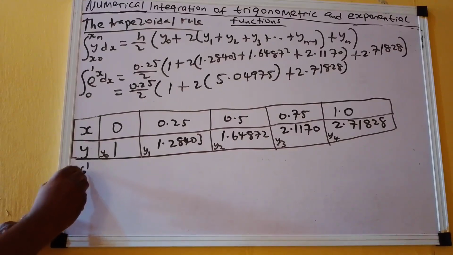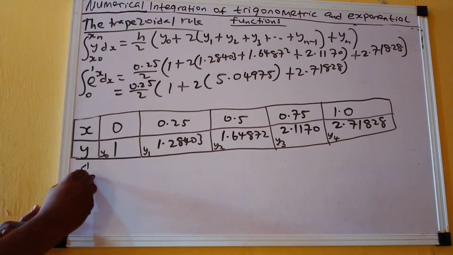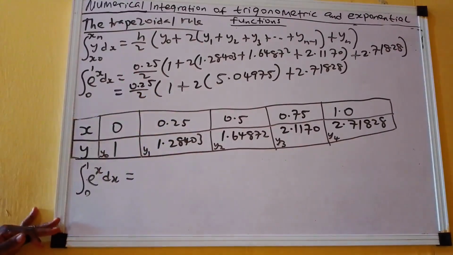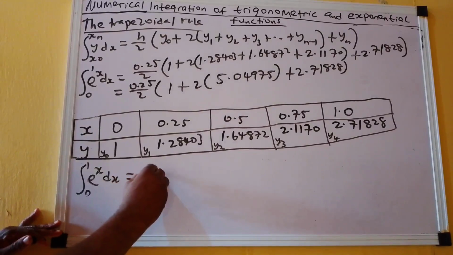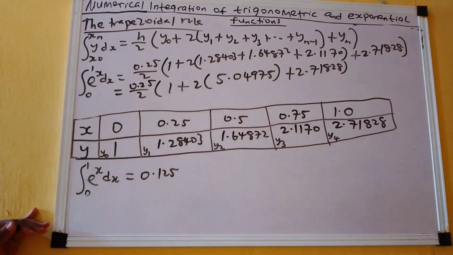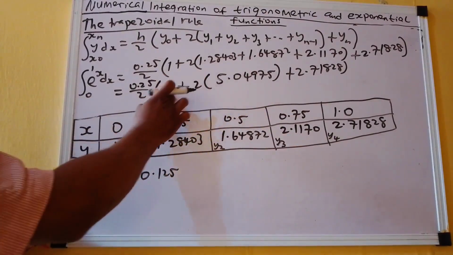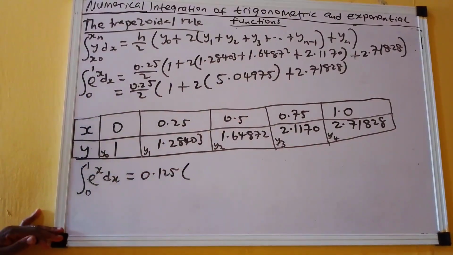So we are going to have the integral from 0 to 1 of exponential x dx, and if you say 0.25 divided by 2, you are going to have 0.125. It's not a non-terminating decimal. It will give us 0.125. Then when you multiply this by 2, add 1 to it and add that value, you are going to have 13.81778.